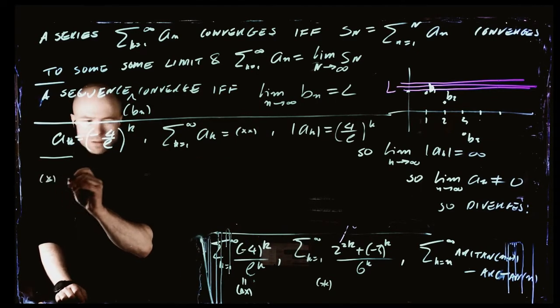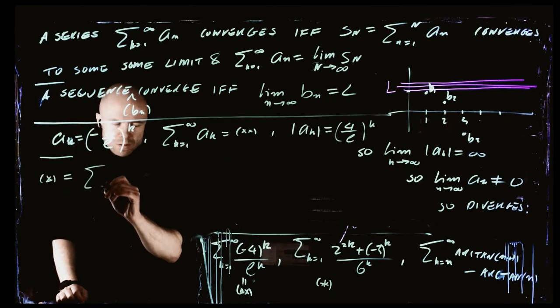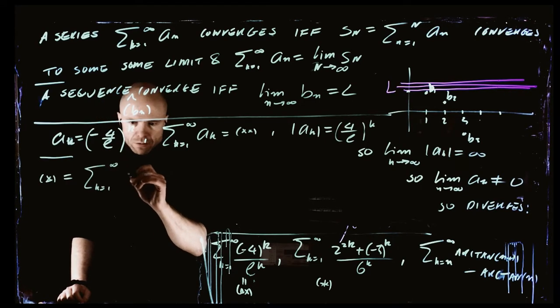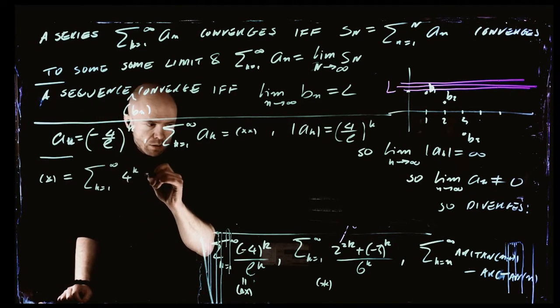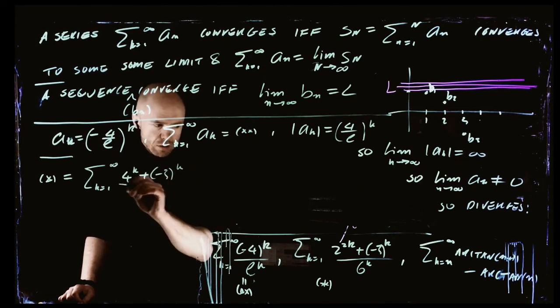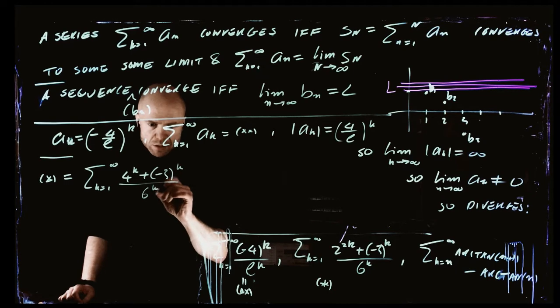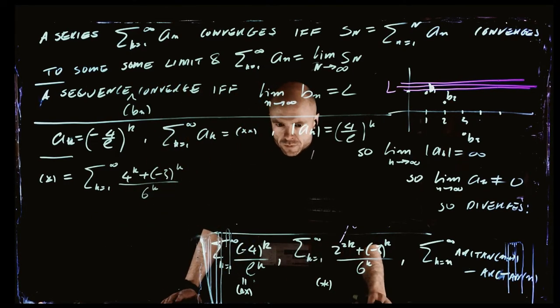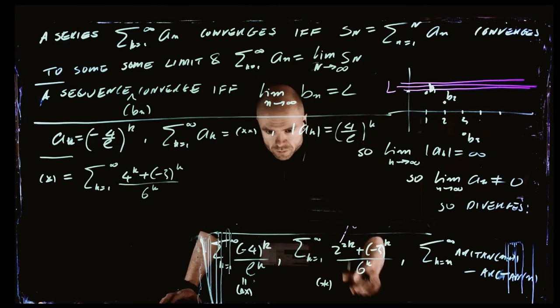So star is equal to the sum k equals 1 to infinity of 4 to the k plus minus 3 to the k over 6 to the k. We're just writing 2 squared as 4.